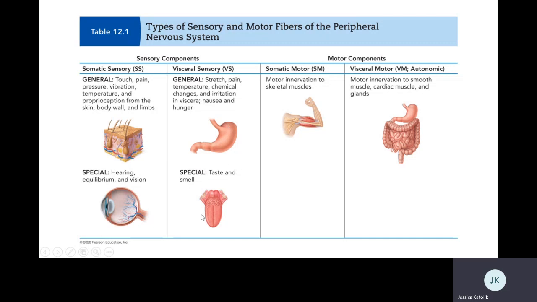There can also be special sensory fibers within the visceral sensory system, and that would go to the tongue and the nose and be responsible for taste and smell.